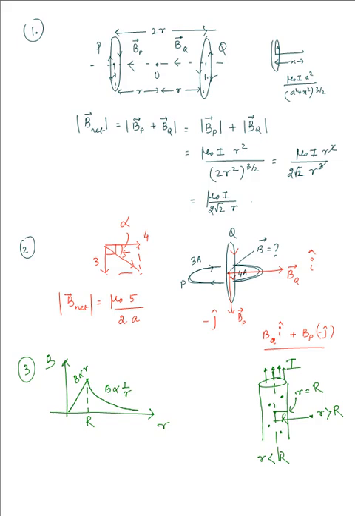Actually it's inverse squared, but the expression that finally appears is in the inverse of the distance. So this is just taken as inverse of the distance from the axis of the wire.